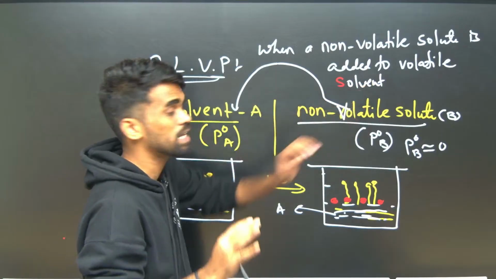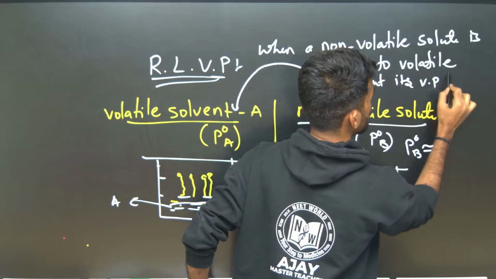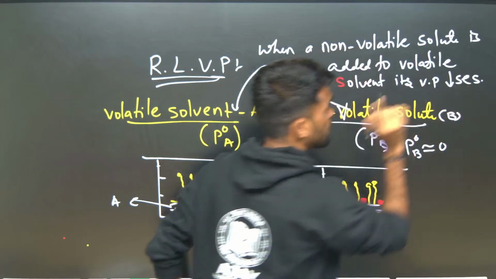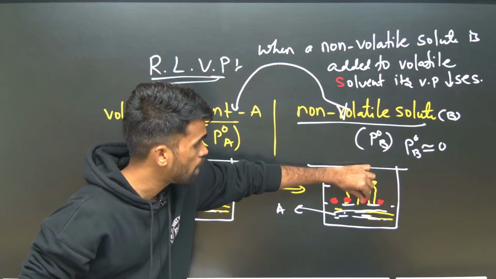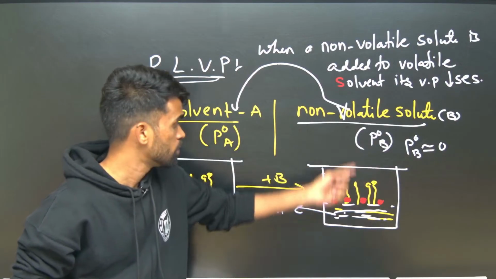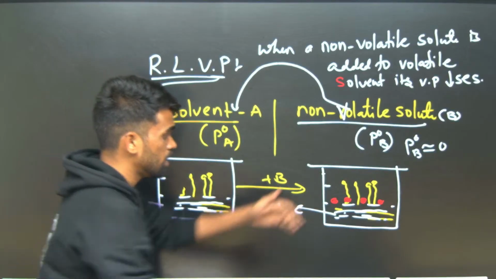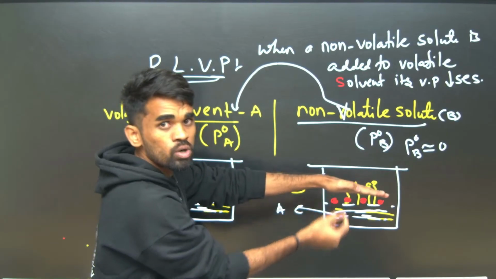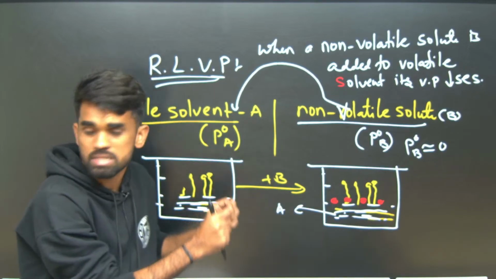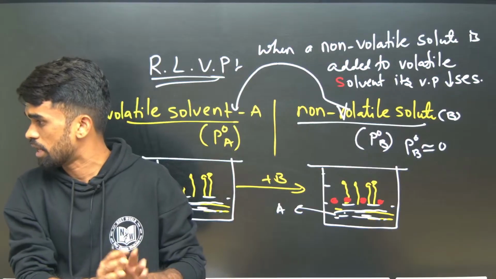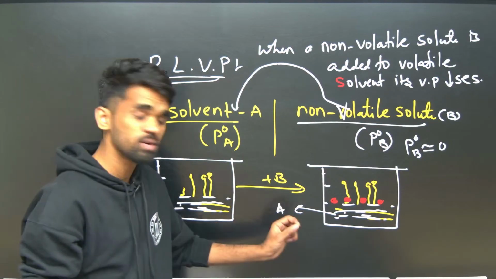The vapor pressure of the volatile solvent decreases. Hope it is clear. Why does it decrease? Because the solute particles act as a hindrance to the vapors of this volatile component A and give them a low tendency to escape, right? Therefore the vapor pressure of the solvent becomes less. This is what you need to understand here. Hope this is also clear now. If any confusion, just ask me.